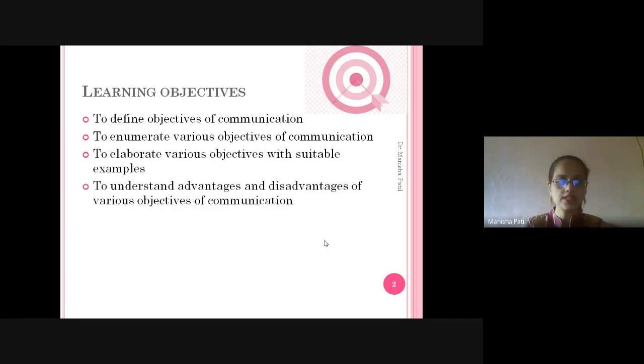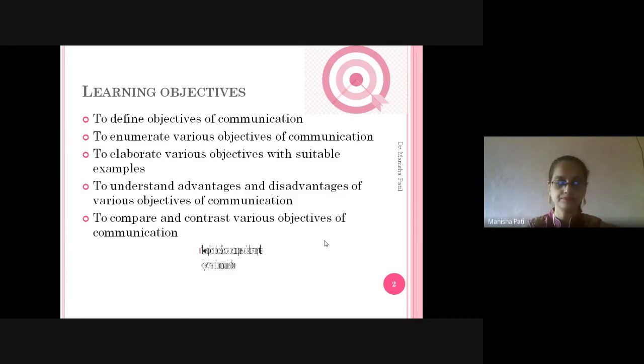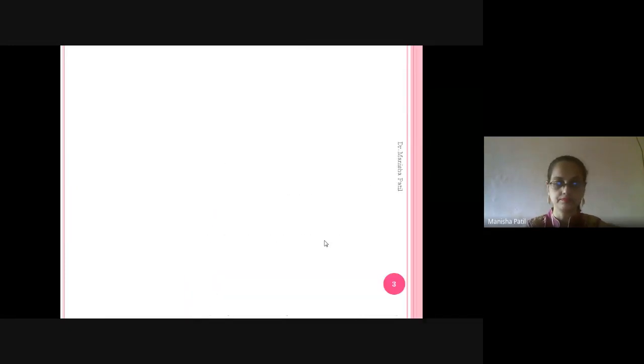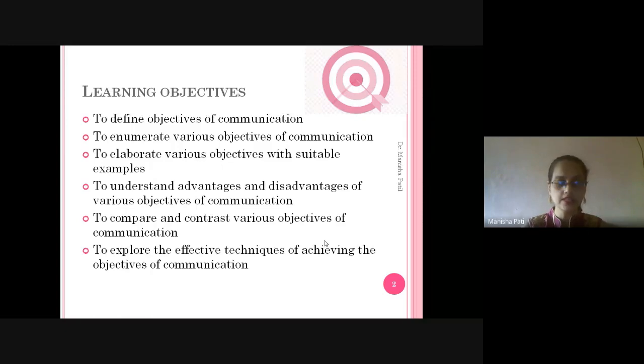Then, to understand advantages and disadvantages of various objectives of communication. Next, to compare and contrast various objectives of communication. Then, to explore the effective techniques of achieving the objectives of communication. So these are the things that we are going to do in your unit number 2, that is objectives of communication.